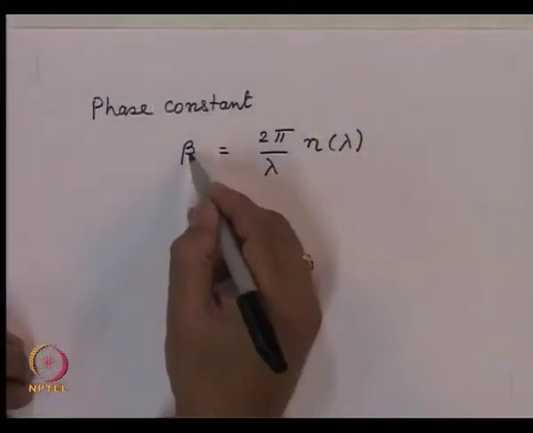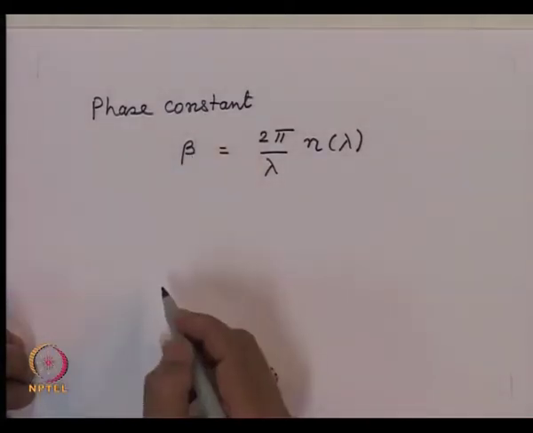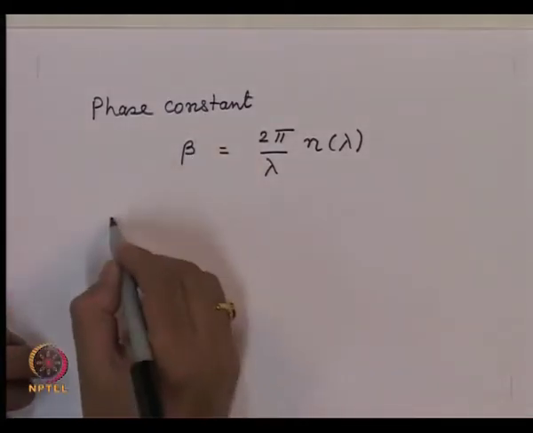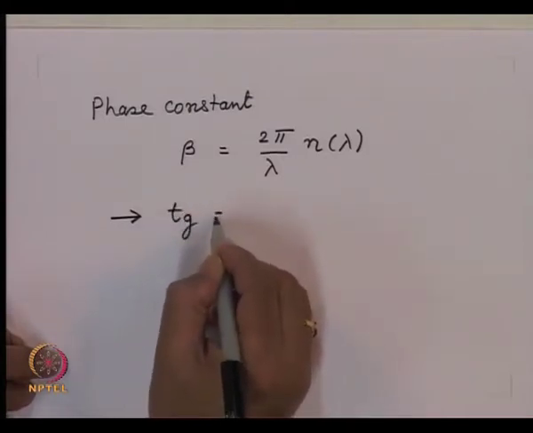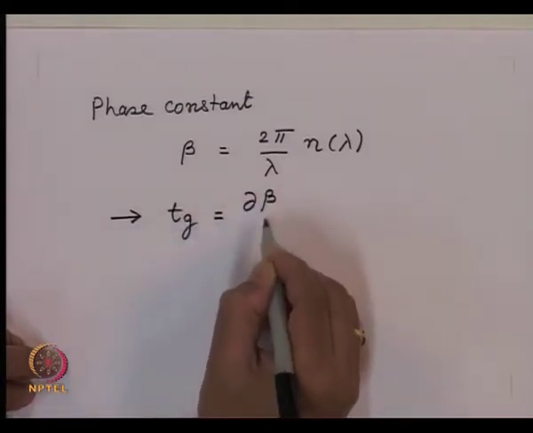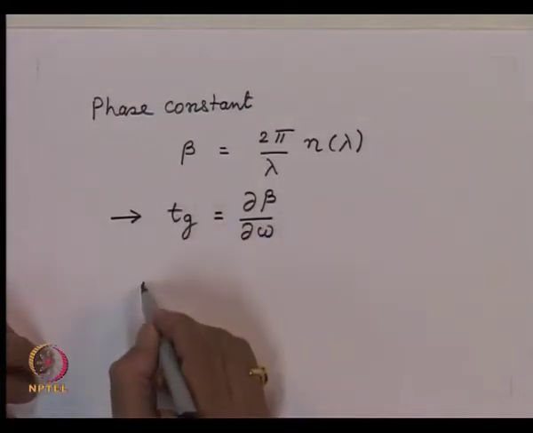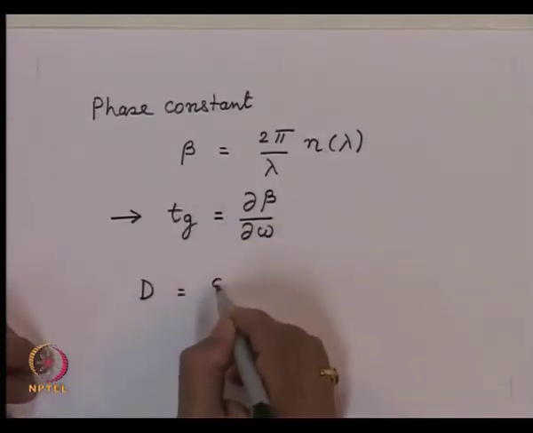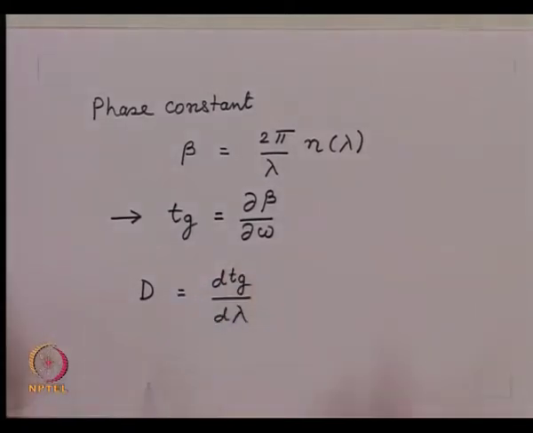So from here I can calculate the quantity d beta by d omega, which gives me the group velocity or group delay. So I have this quantity Tg that is equal to d beta by d omega. And once I get this group delay, then I can calculate the dispersion D, which is dTg by d lambda.